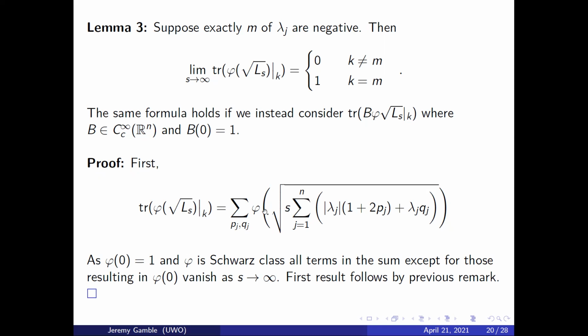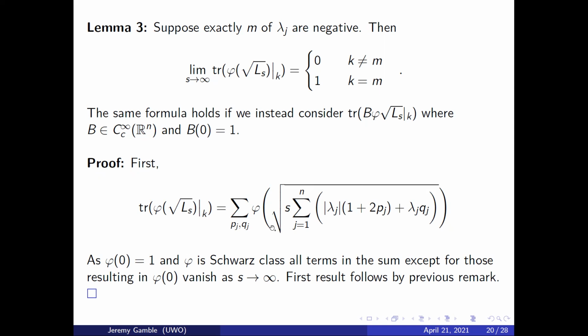And the only time it can be constant is when the eigenvalue is 0, which, as we said before, can only happen if k is equal to m by that previous argument. So you get this contribution of 1 for that single eigenvalue if it exists.